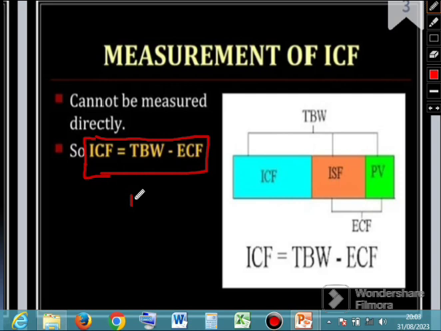Chindo. Is it Chindo? If, for example, the total body water of Chindo is 40 liters, okay?